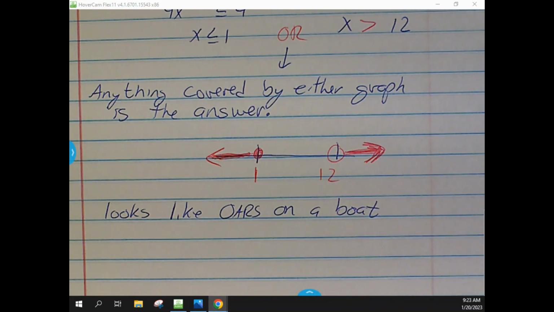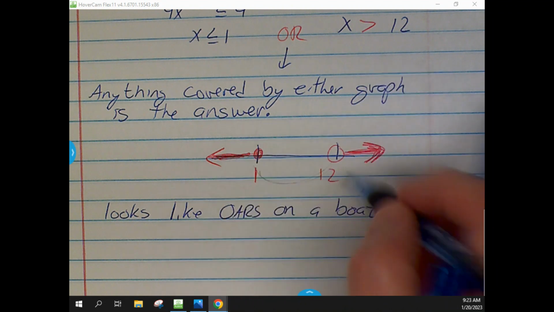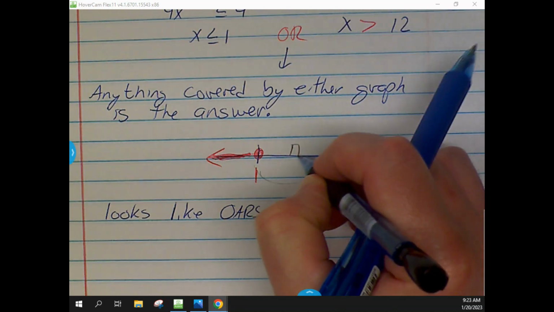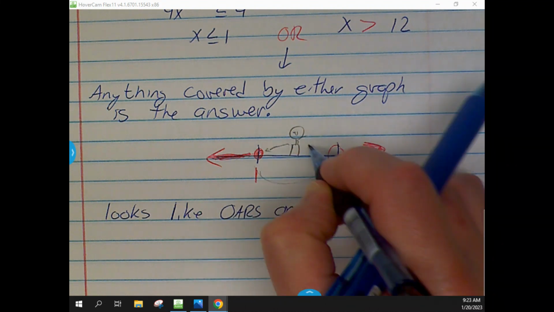So that's why I always kind of think about it: here's your boat, this is the bottom of the boat here. There's your oars out on the side, and you're getting ready to get in and start paddling away. So or statements, it usually looks like oars on the boat. You got one on the left and one on the right, and you've got the empty spot in the middle where you'll be sitting. So here you are in the boat. You got some really long arms going out over here to the oars.